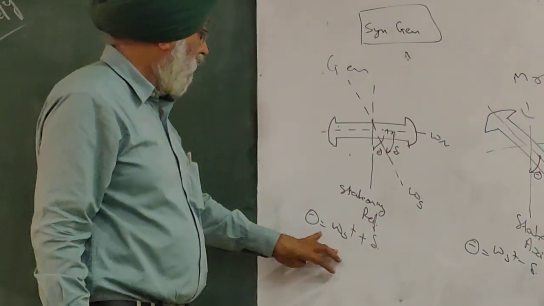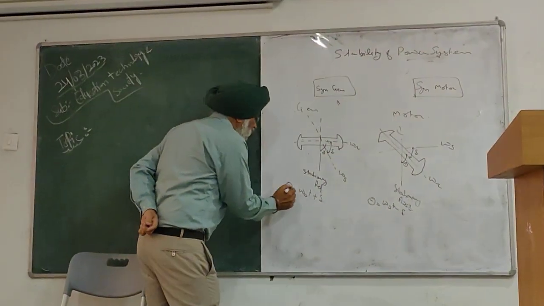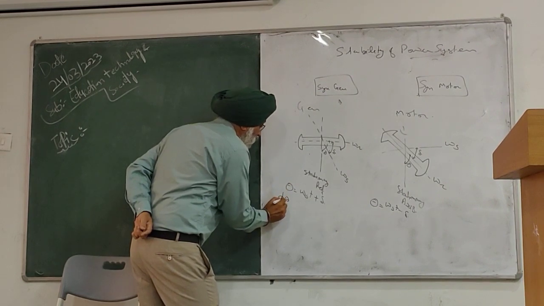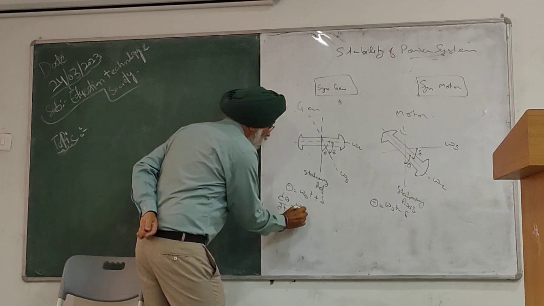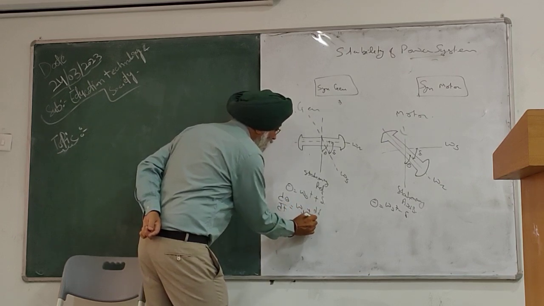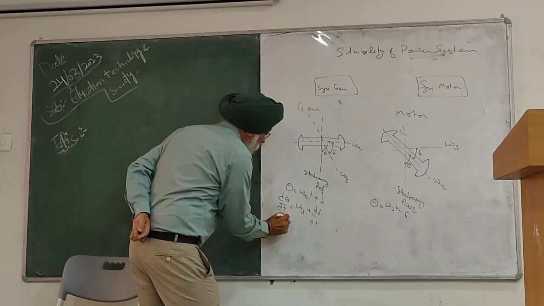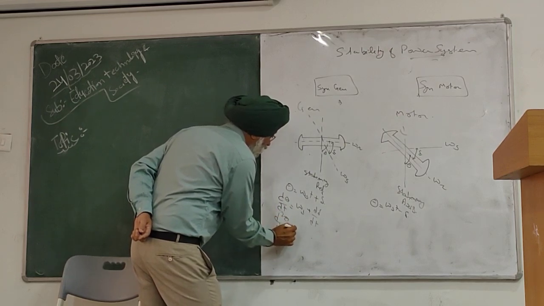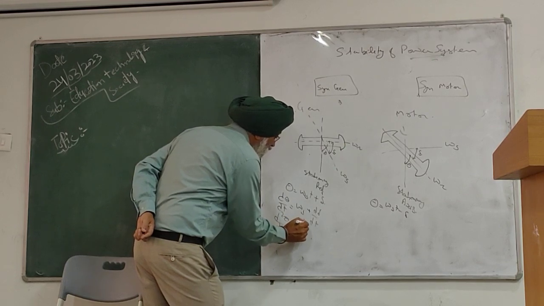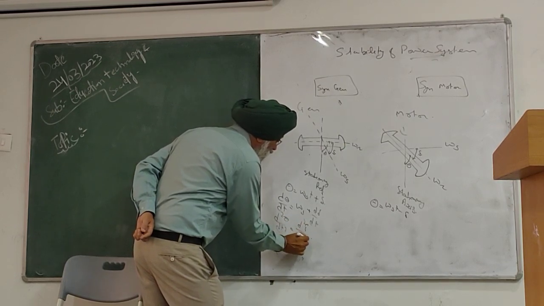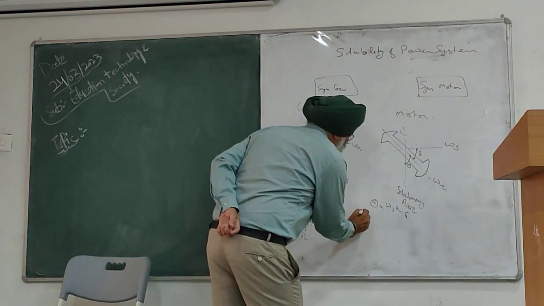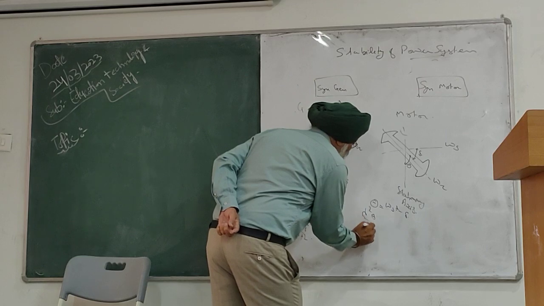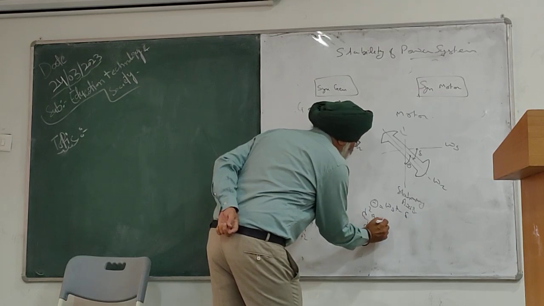So from this we have d theta by dt is equal to omega s plus d delta by dt, and d square theta by dt square is equal to d2 delta by dt square.